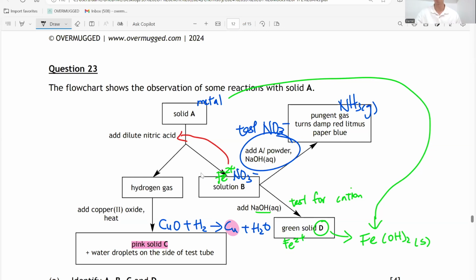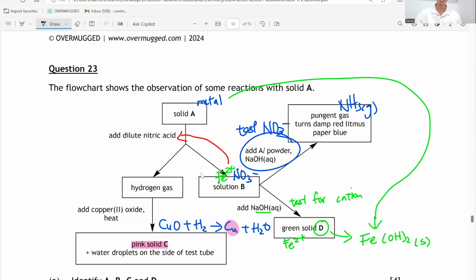This is your green precipitate. Okay, in case you haven't realized, this is just precipitation because soluble plus your soluble ion to give you an insoluble salt. Or in this case, your precipitate, which is your iron hydroxide. So if I take one step back, if this tested for the presence of Fe2+, it means my solution must have contained Fe2+.